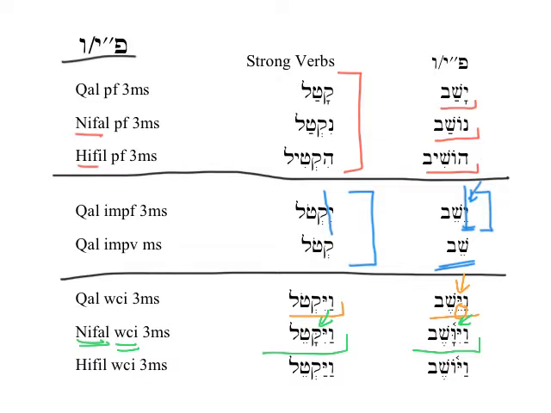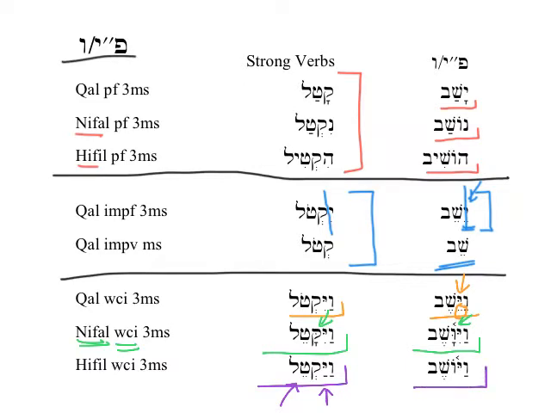And finally, for the hifil in the strong verb, vayaktel. Now, in the vav consecutive imperfect, the hirik yod assimilates, or apocopates, it contracts into a tsere. So, our normal indicator of the hifil stem is the patach under the prefix pronoun. And so then we can see this as, and he caused to kill.